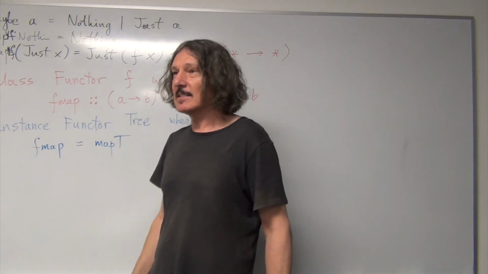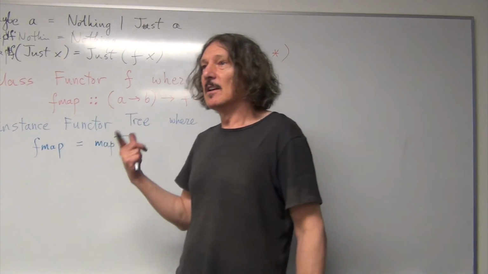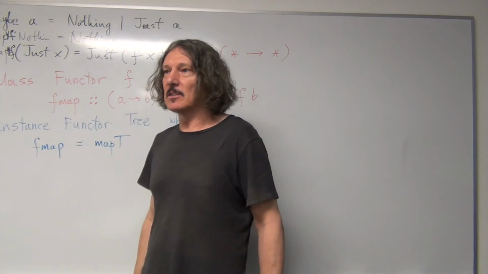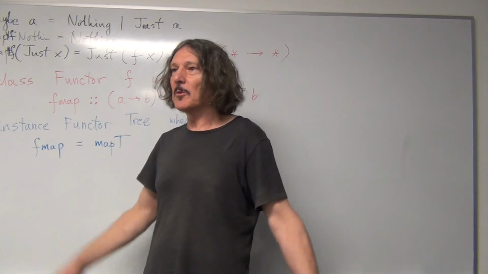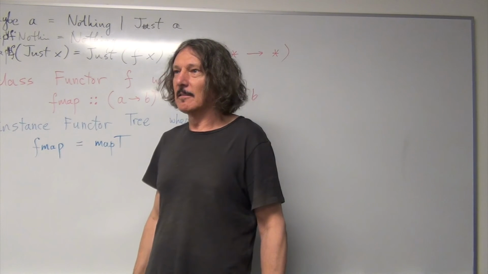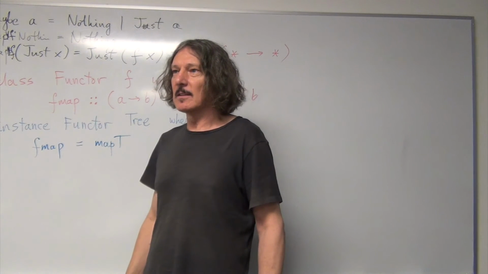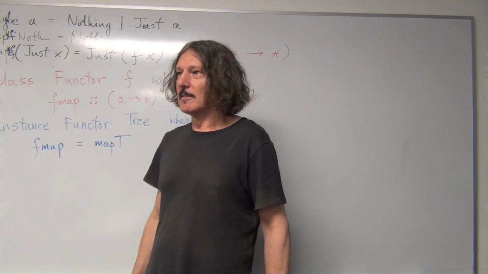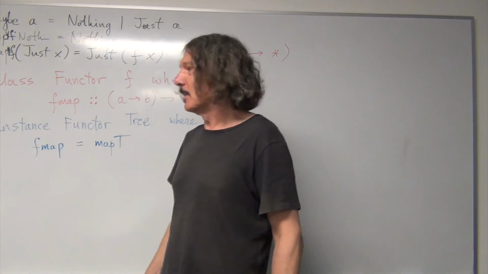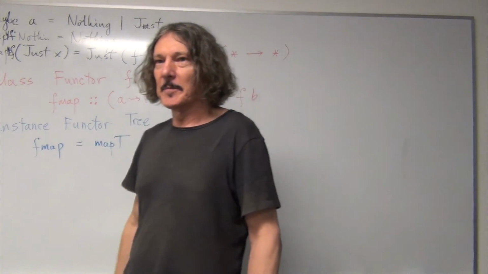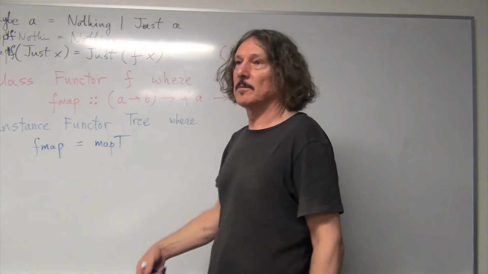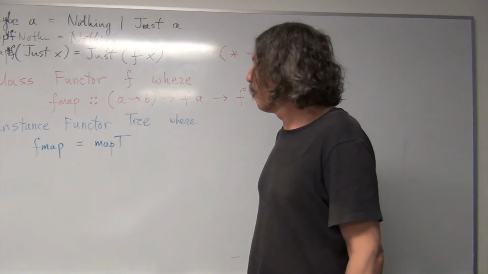But in Haskell, you can say one function is equal to another function. Obviously, for any arguments. But you don't have to specify the argument. This is like a point-free notation for the equality of functions.